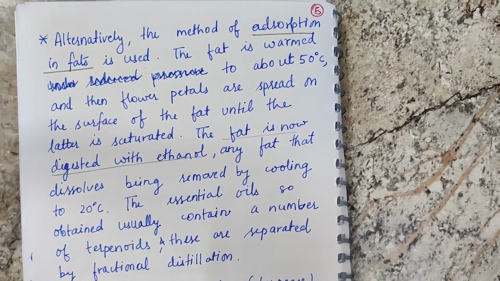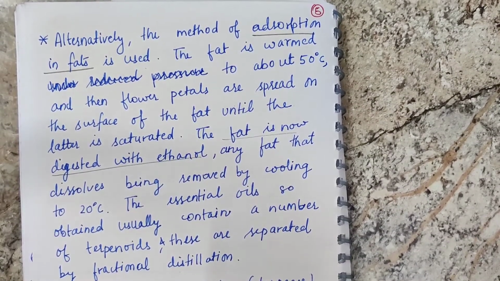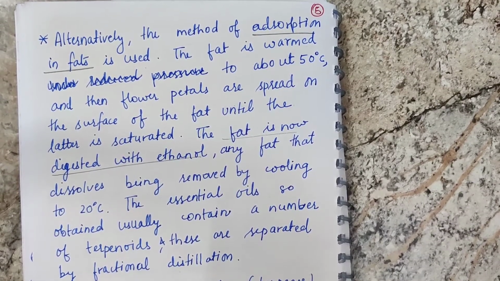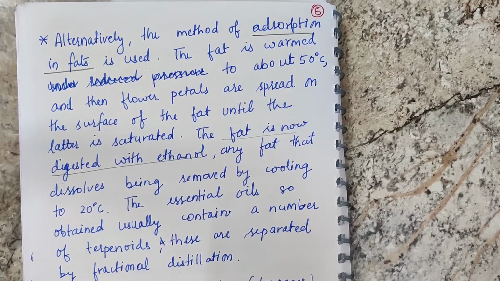So now what happens? Your terpene or terpenoids come into the ethanol, and your fat, mostly being insoluble, stays separated, because fats are generally non-polar while ethanol is a polar substance, so they are mostly immiscible.